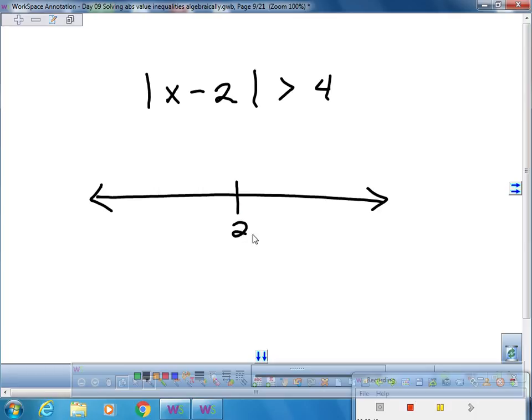The distance between x and 2 is greater than 4. So 1, 2, 3, 4. There's 4 in one direction, and 1, 2, 3, 4, because it can be in either direction, right, the distance? So my answer would be 3, 4, 5, 6, and it says greater than 4, so it could be 6, or 7, or 8, or 9, or 10.